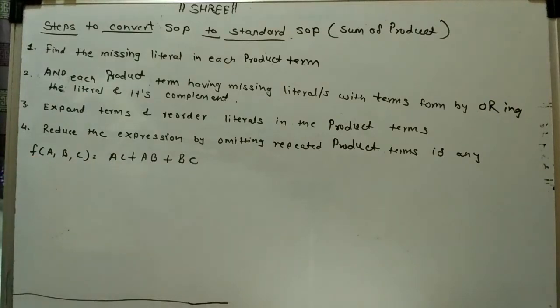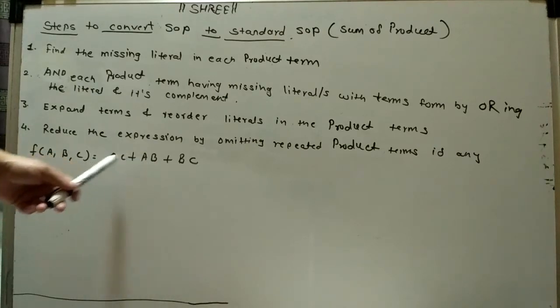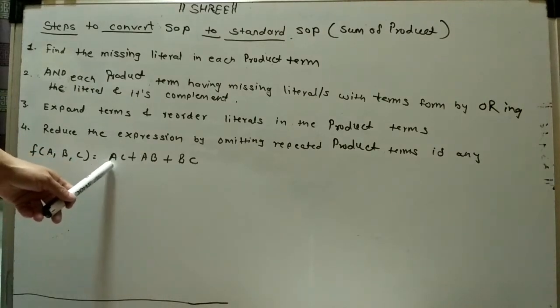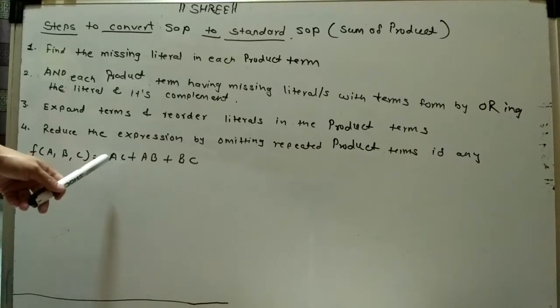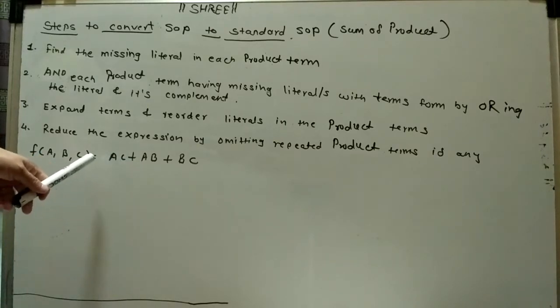Now what is the standard form? The standard form means if every term in the SOP contains all the literals, either in the complemented or in uncomplemented form, then it will be called a standard SOP.